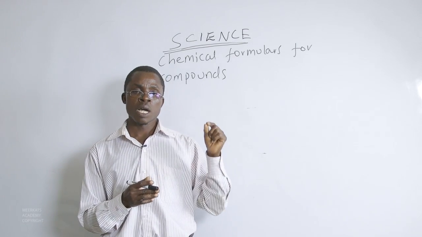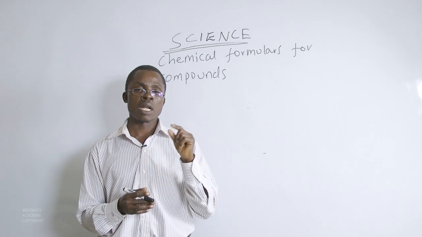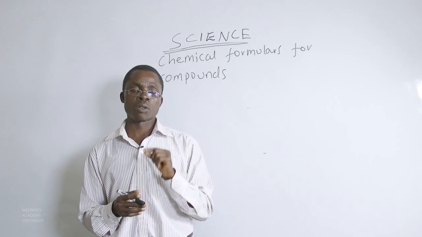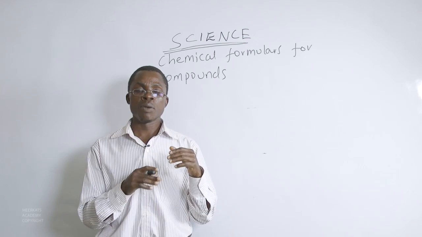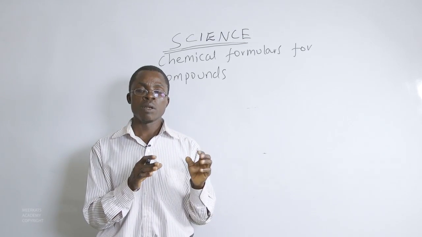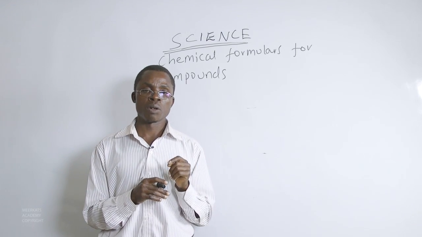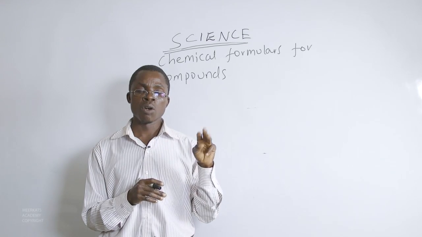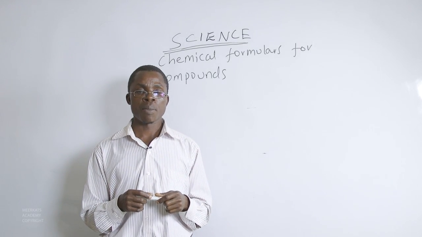The first one was a metal and a nonmetal, but the third one will be a nonmetal and a nonmetal, so two nonmetals. The second one can be a metal and a nonmetal, but you may find that you have two nonmetals and one metal, having three or even more elements in one particular formula.